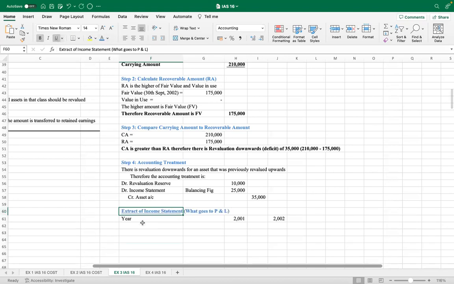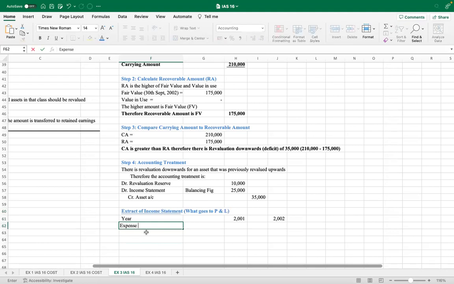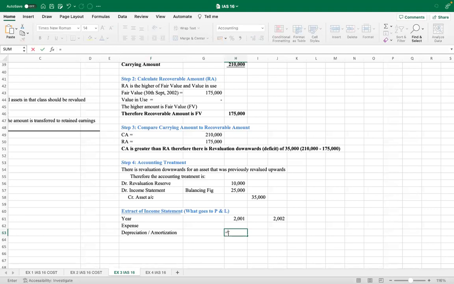We are now concluding. There will be an expense which is called depreciation, depreciation stroke amortization. You know depreciation is an expense. I believe everyone knows that. So in 2001, there will be an expense.